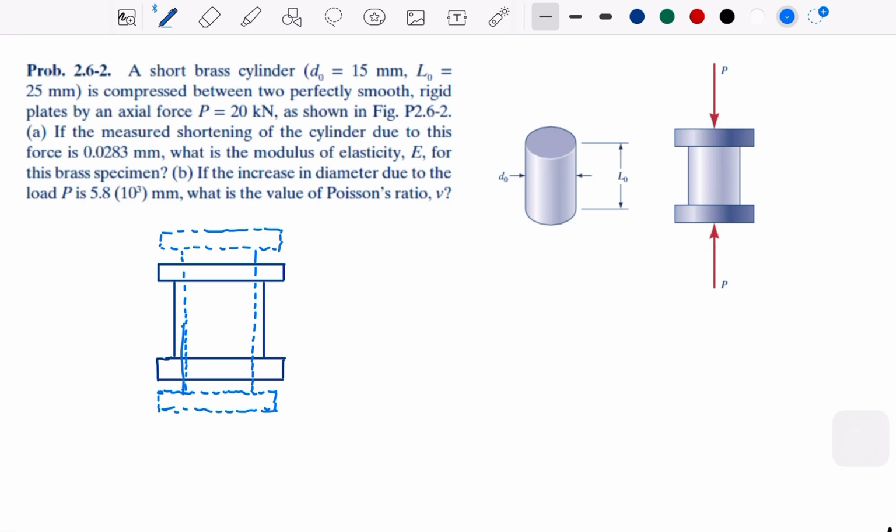So that's why it's asking for the Poisson ratio, because there is a change between the height and the width, the transversal axis and the longitudinal axis.